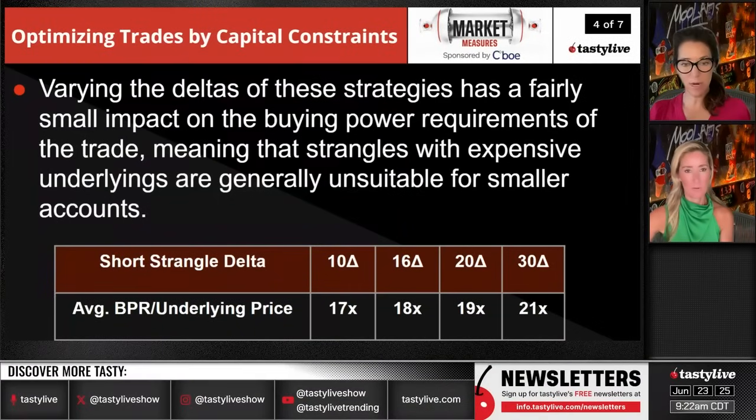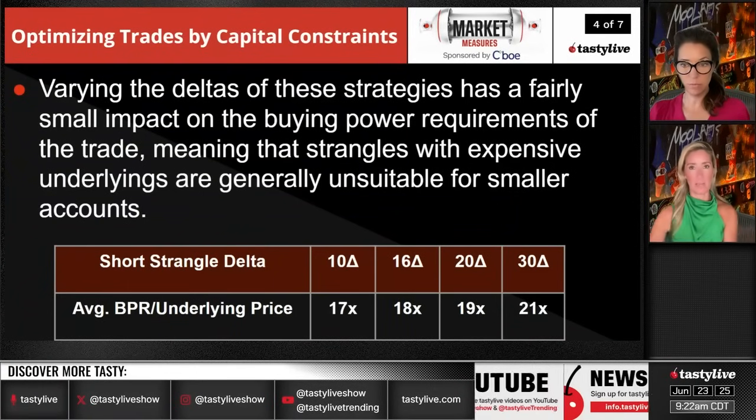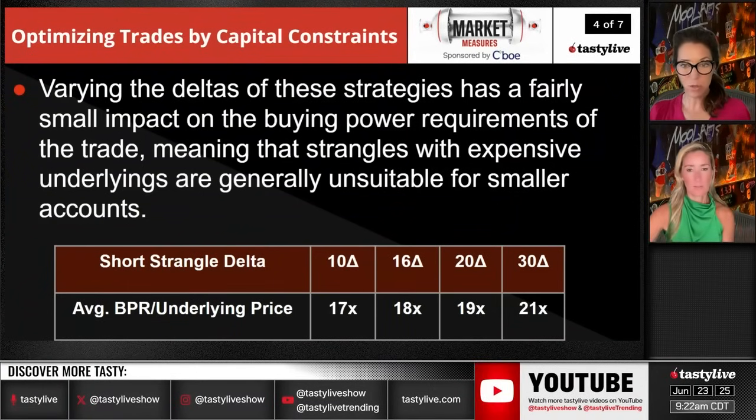He'll always tweak the strikes, looking at buying power and theta, trying to watch where his theta per day is the greatest compared to his buying power. Sometimes he's bringing his deltas way up because of the theta per day. So again, short strangle delta and average buying power over the underlying price is not changing too much.